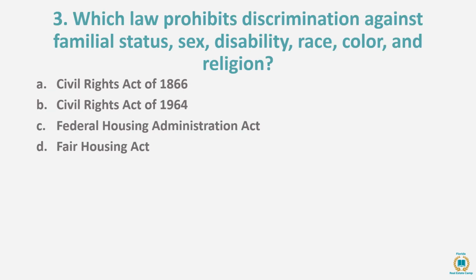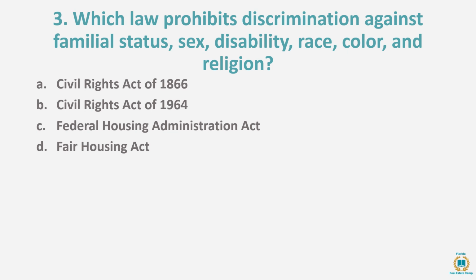Number 3, which law prohibits discrimination against familial status, sex, disability, race, color, and religion? Is it A, the Civil Rights Act of 1866? B, the Civil Rights Act of 1964? C, Federal Housing Administration Act?